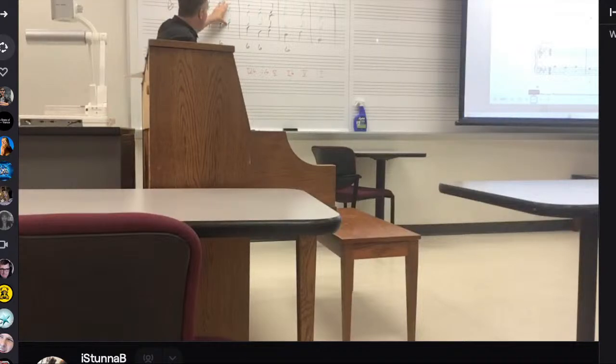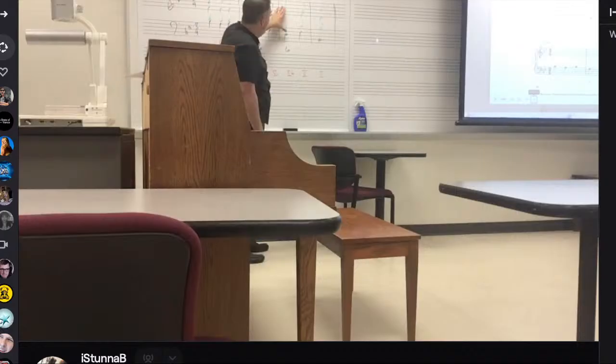Oblique motion. Parallel motion here, B flat to G, or G to B flat, that's a third. E flat to G, that's also a third, thirds are fine. Into octaves again, moving in opposite direction into sixths, moving in opposite direction into thirds, moving in opposite direction into octaves.